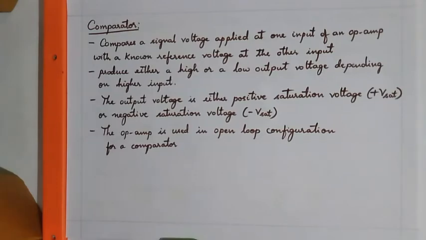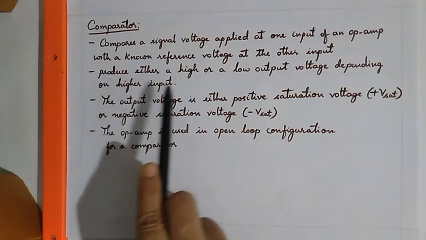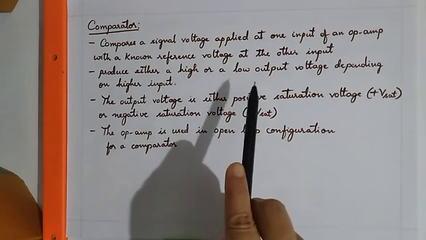That is, the input signal is applied to one of the input terminals and a reference signal is applied to the other input terminal of the circuit. Hence the two signals are compared. Based on which signal is greater, it produces an output which is either high or low.